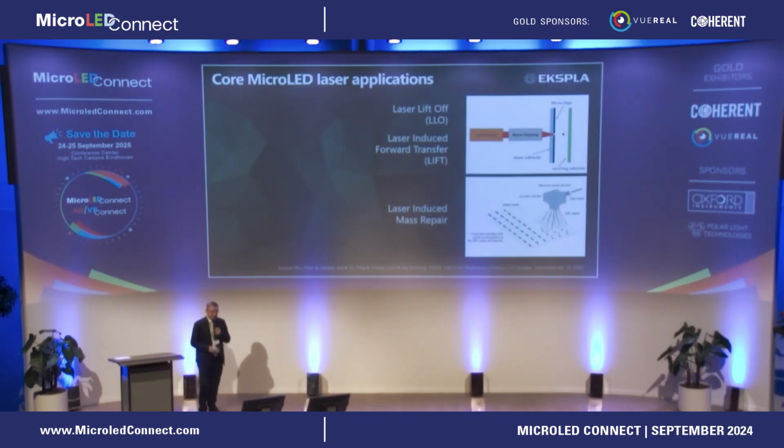I would say the core applications for ultrafast lasers, or any other type of lasers, for micro LED production are laser liftoff, laser-induced forward transfer, and laser-induced mass repair, including in some cases laser trimming.